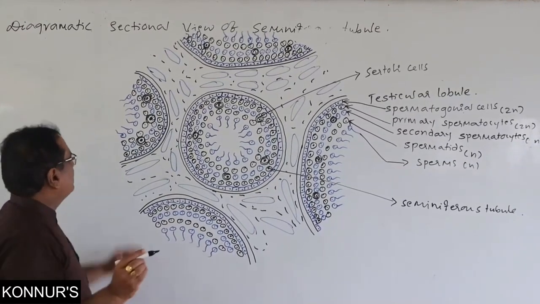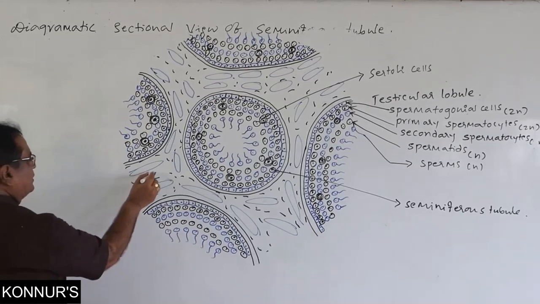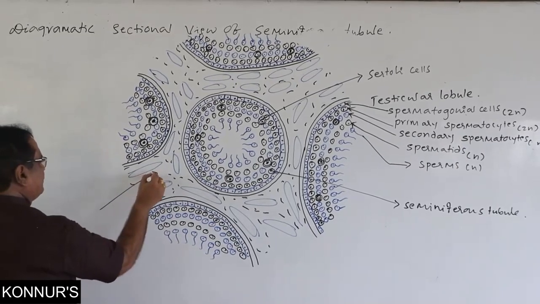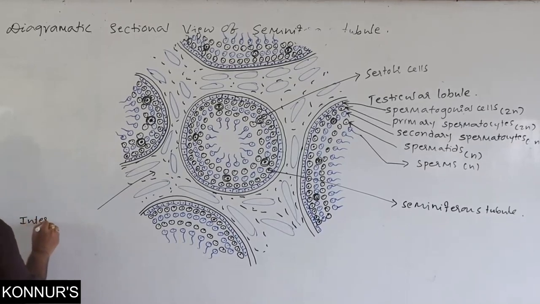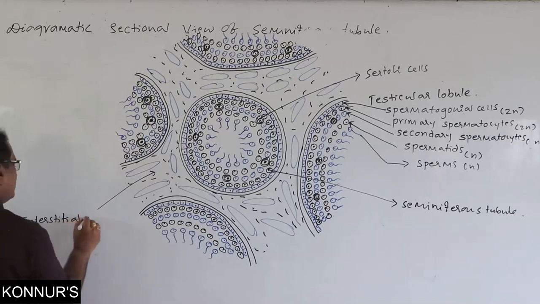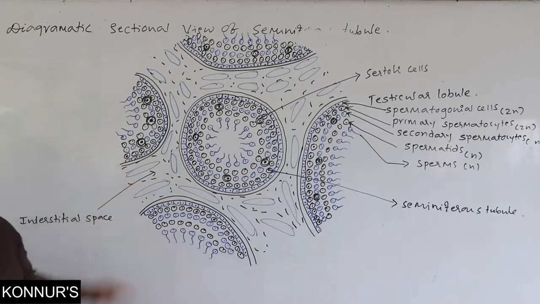Then in between seminiferous tubules there is a space. This space is said to be the interstitial space.